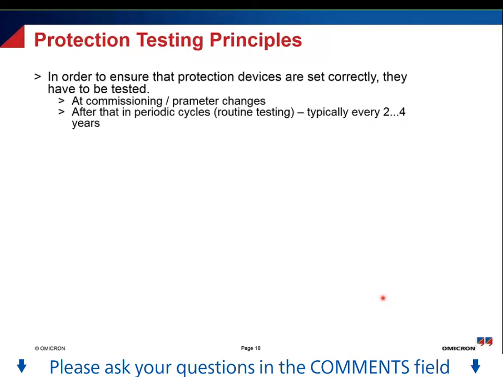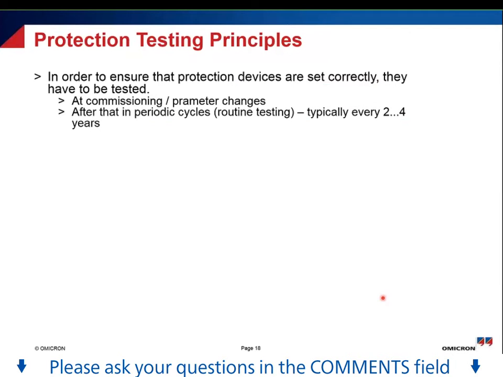Now to the point of protection testing. We finished how to set the relays, but the protection devices need to be maintained as well. One part of this is protection testing. Because it is not enough to just build these protection devices into your network. You also need to make sure that everything is running correctly and that the system is still able to operate.